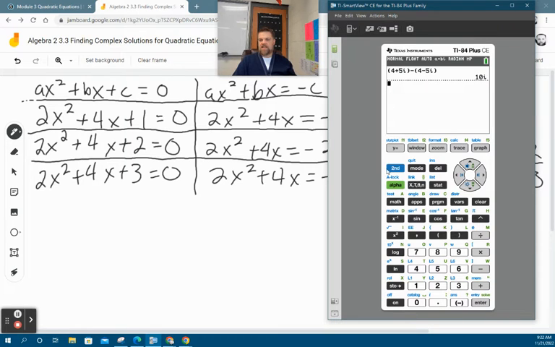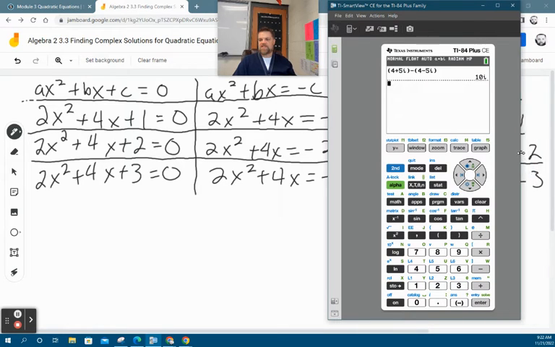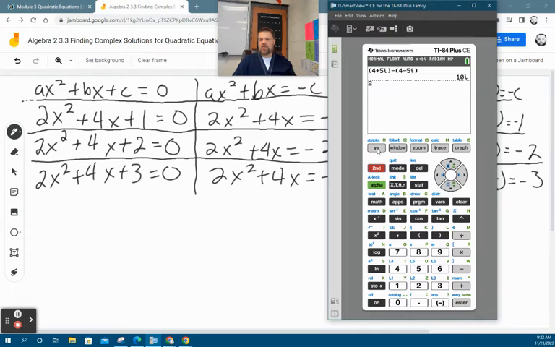So I think the class before you, we were working with some stats. So you may need to go in second y equals and go down to 4 to turn the plots off. And then hit y equals. And what I'm going to do is graph all three of these. Okay.